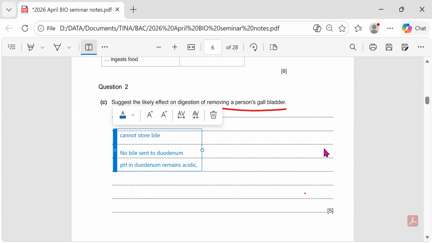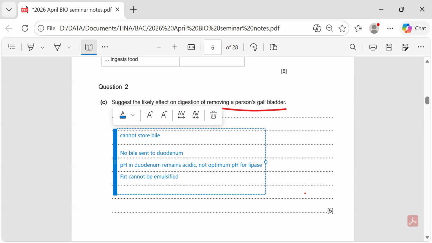Okay, so because it's acidic, what cannot function? Not the optimum pH for lipase. And then fat cannot be emulsified.